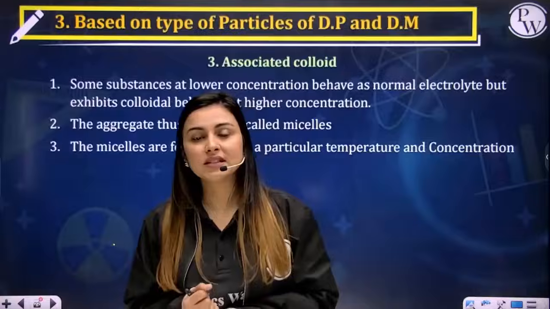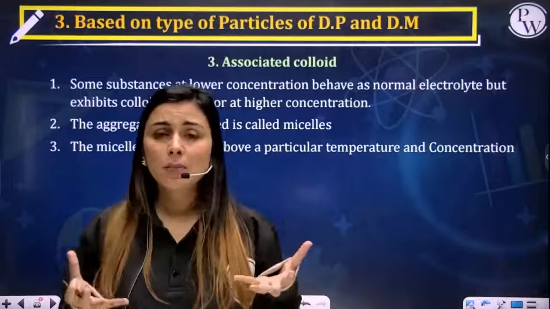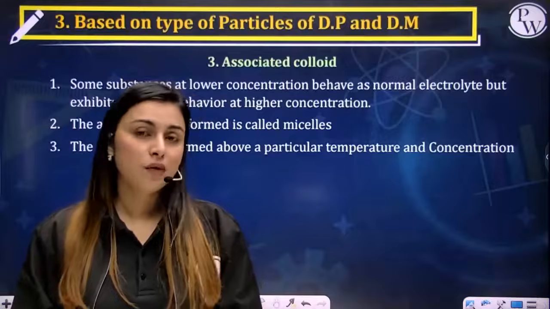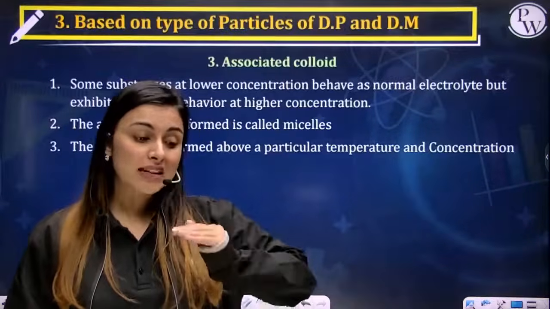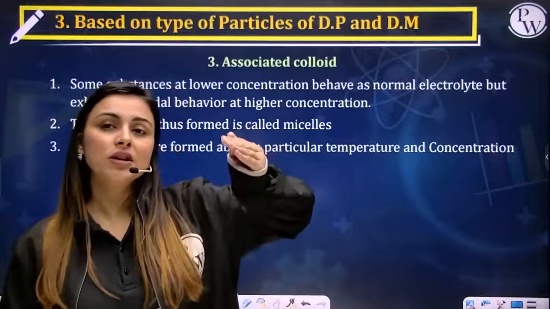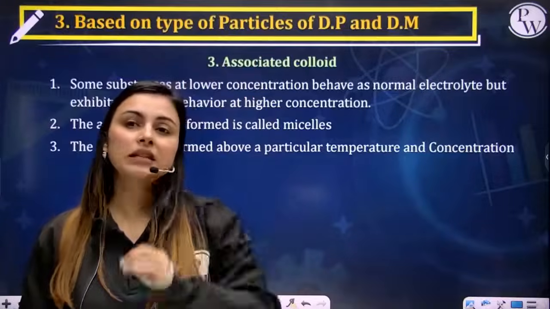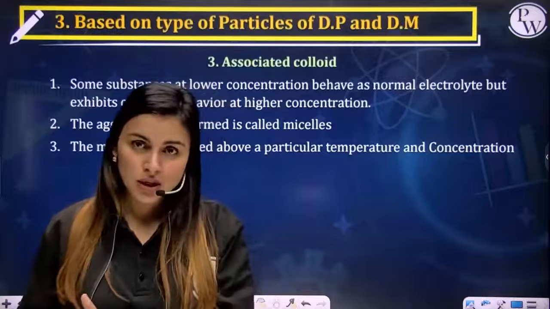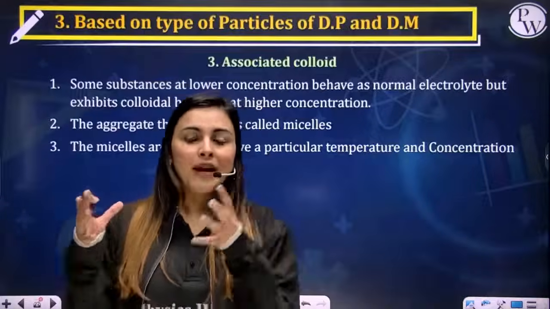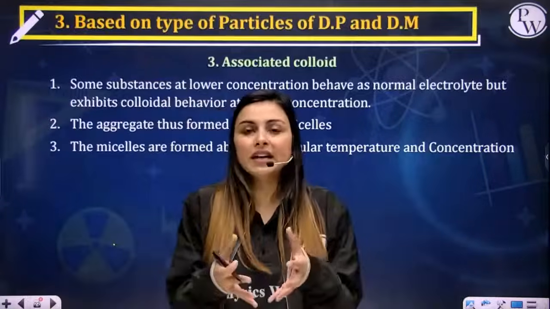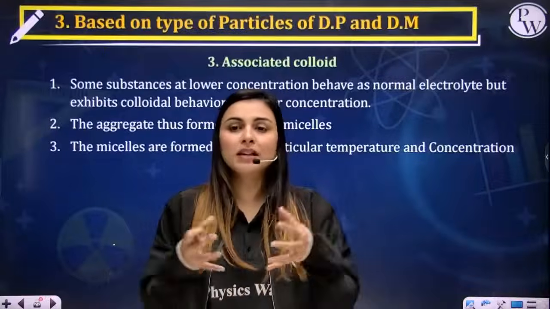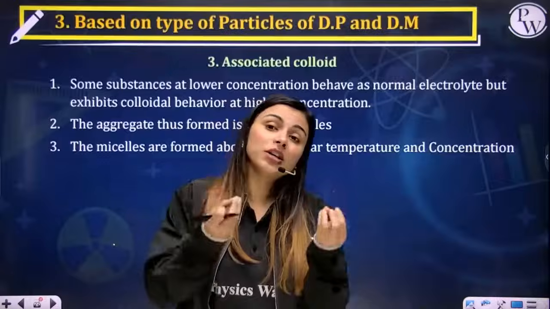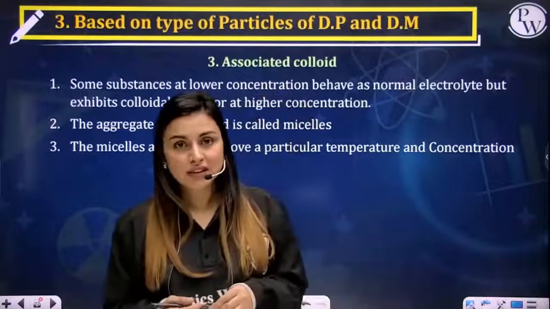Now what happens is, my dear students, sometimes particles do combine together, but still they do not form colloidal range. But as you keep on increasing their concentration, a particular concentration is reached where they start behaving like a colloidal solution. This means that you did aggregate them, you brought them together, but they are not behaving as a colloidal range at one particular temperature. That temperature is known as Kraft temperature.